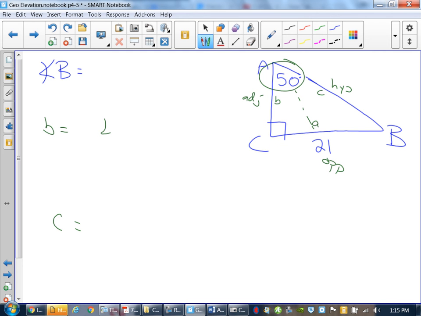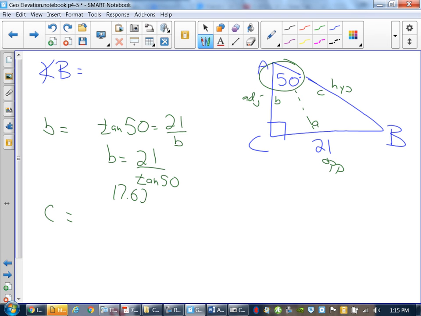So the tangent of 50 is 21 over b. Exchange-o, change-o. 17.62. When I use my opposite and hypotenuse to find c, what trig function is that?